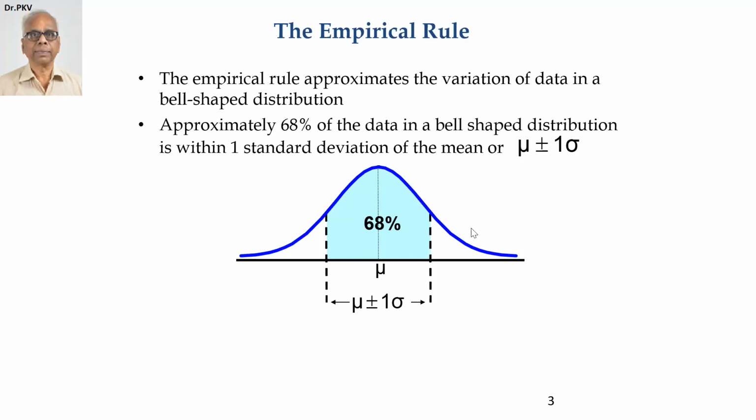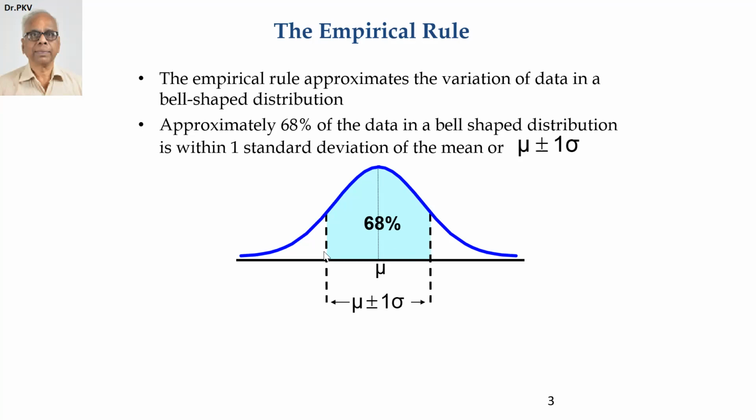then what we say is the following. If the distribution is a bell curve, approximately 68% of the data points will be within one standard deviation departure from the mean, or within mu plus or minus 1 sigma.